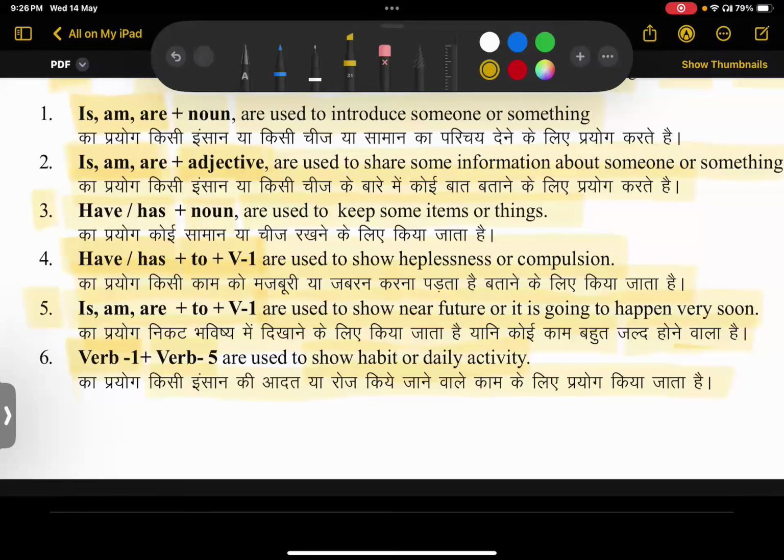For example, you brush up every day. This is your daily activity. So you may think, what is the difference between first form and fifth form? If your subject is plural or I, if your subject is any plural number like you, we, they, children, cows, boys, or I, you will use first form, like go, like dance.